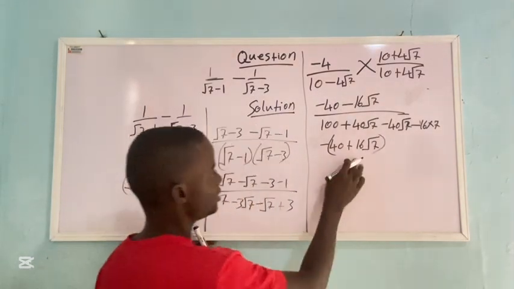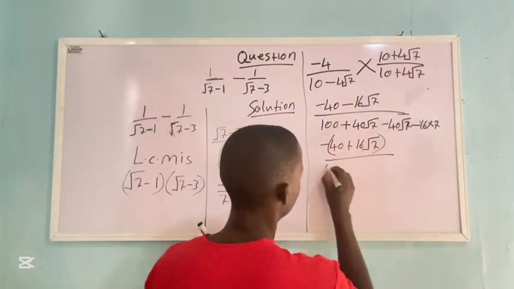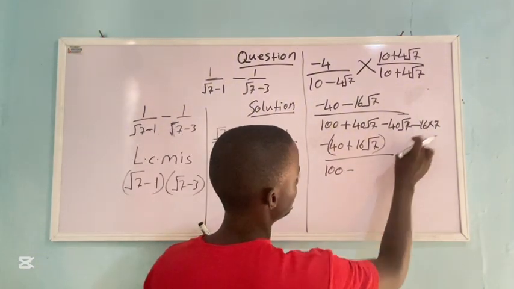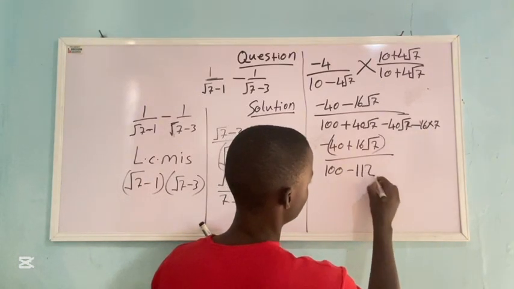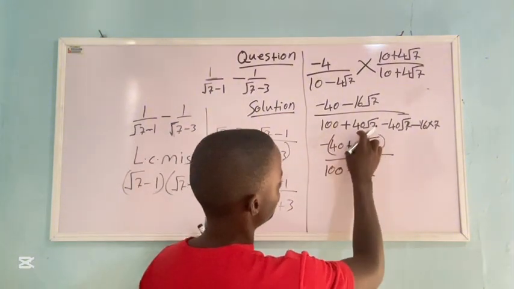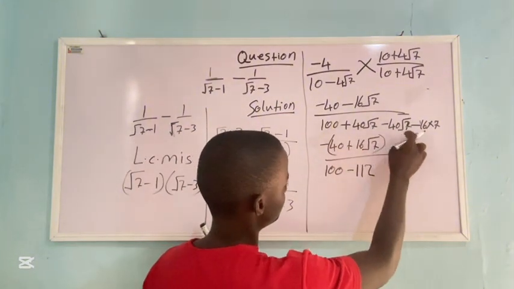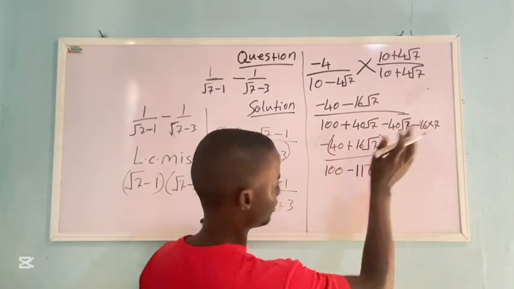The reason I changed the sign is because I brought out the minus. All over 100 minus 16 times 7, we have minus 12. This one goes because 40 root 7 minus 40 root 7 will be 0, so that's why I did not talk about it.